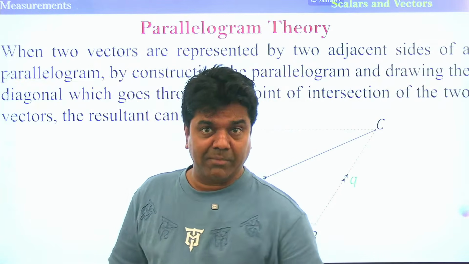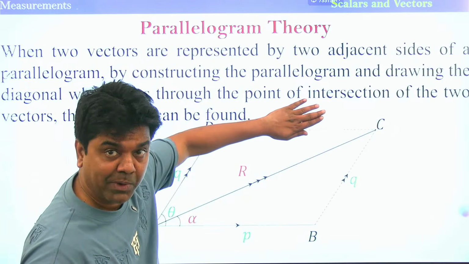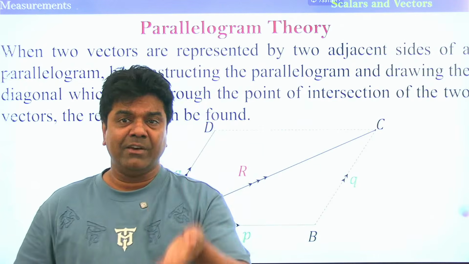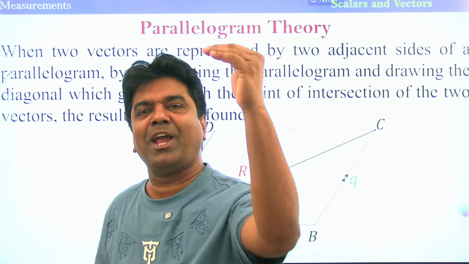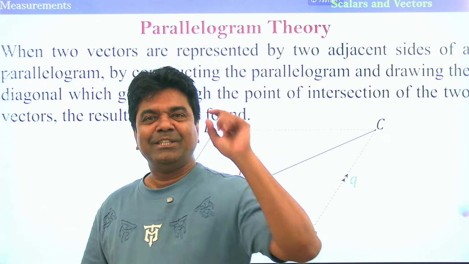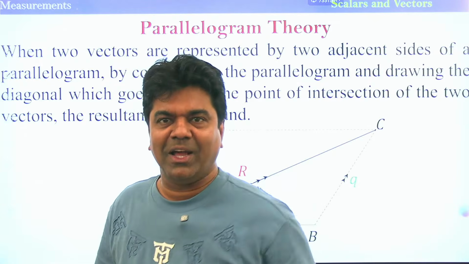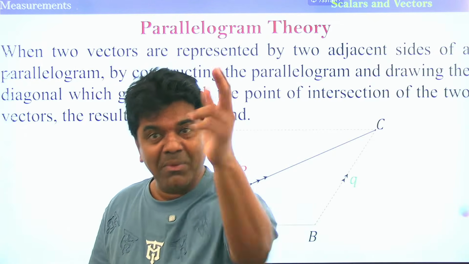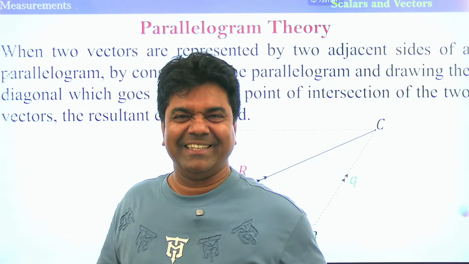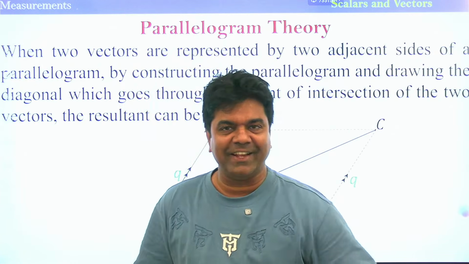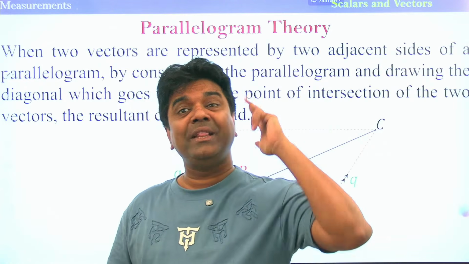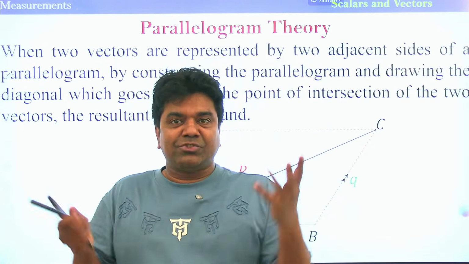Yes, of course, the same thing, because if you ignore this part, you can see the triangular theory. So then why are we having two theories? The thing is, we are going to develop this triangular theory to the next level, to develop a formula. That formula will help you to get the answer.